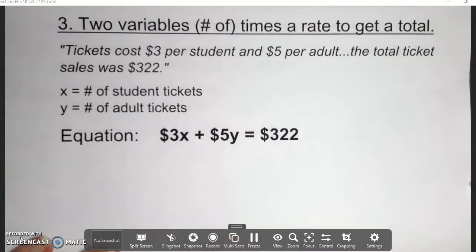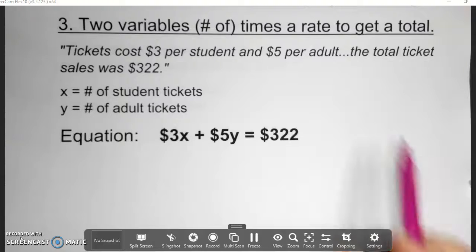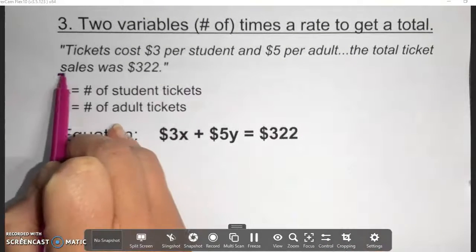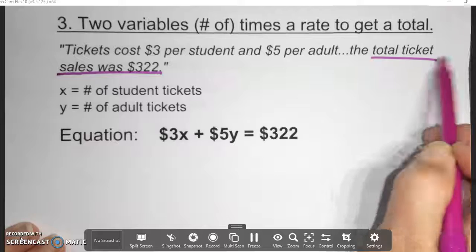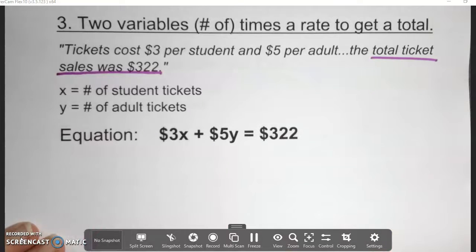Two variables, number of times a rate to get a total. Tickets cost $3 per student, so it's going off just like what we were doing, except we don't want just the ticket number. We want more of the information. So the ticket costs $3 per student and $5 per adult. The total ticket sales was $322.